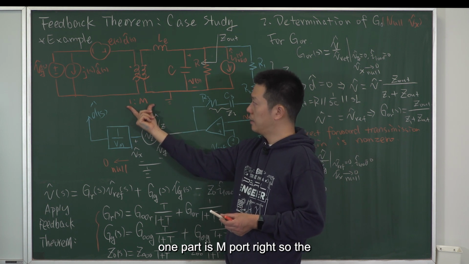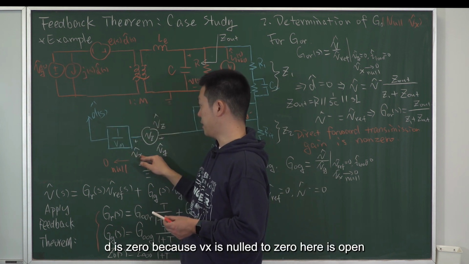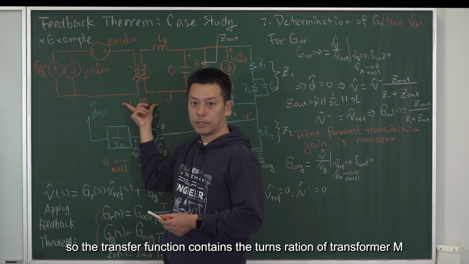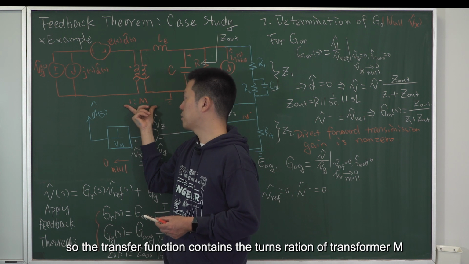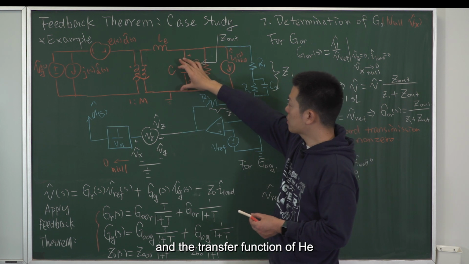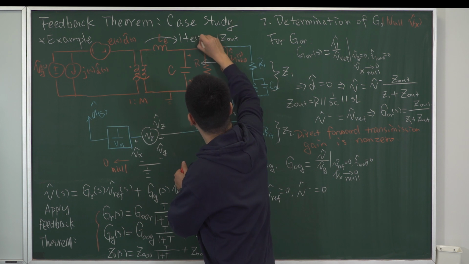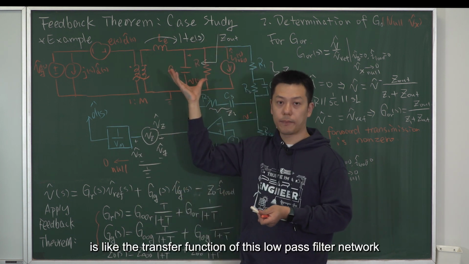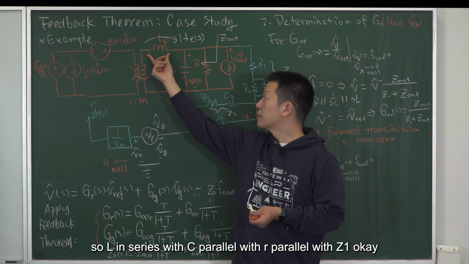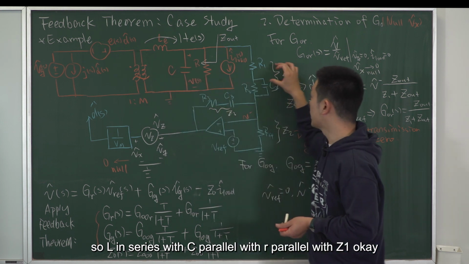One part is the M part. So the D is 0 because Vx is nulled to 0. Here is open, here is short. So the transfer function contains the turns ratio of the transformer M. And the transfer function of HE is like the transfer function of this low-pass filter network: L in series with C parallel with R parallel with Z1.